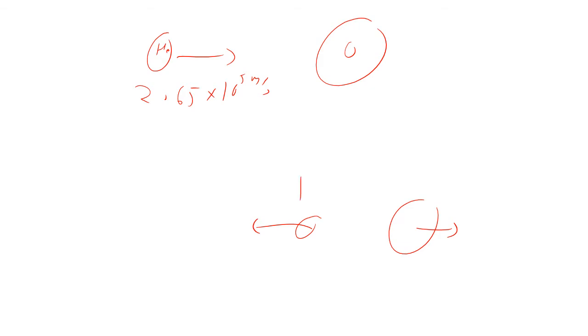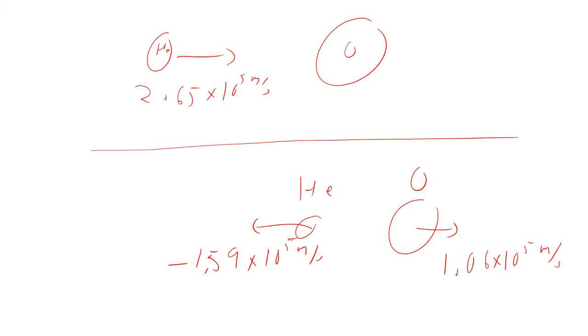And so the helium is bouncing backwards at 1.59 times 10 to the fifth meters per second, and the oxygen is knocked forwards at 1.06 times 10 to the fifth meters per second. And so that's an example of an elastic collision.